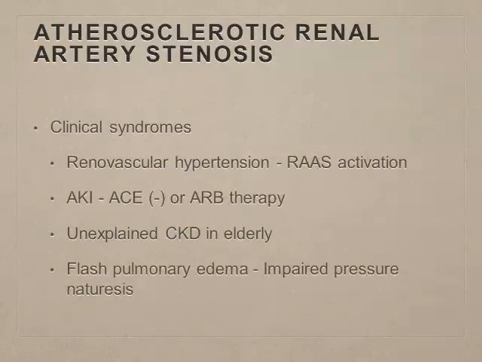Now, what also happens is these patients can get a problem called flash pulmonary edema, and this is kind of what almost happened to her. She came in for other complaints, but she did have pulmonary edema. The reason these patients have this increased edema in their lungs is due to the fact that they have impaired pressure natriuresis.